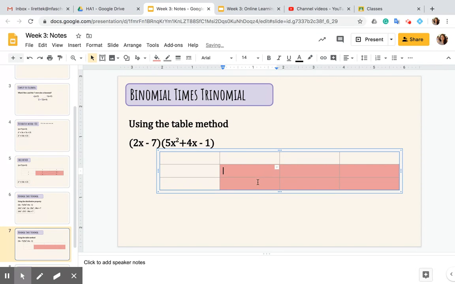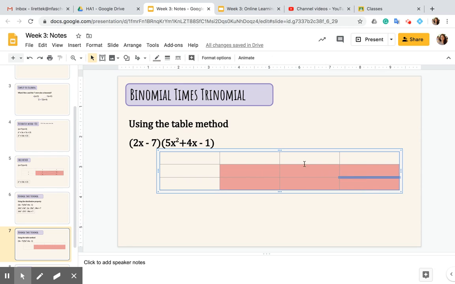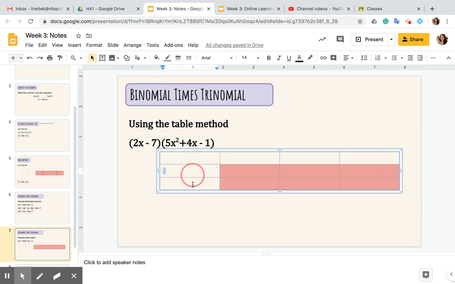That's where I'm going to put all of my products. And then on the outside, I'm going to put all of my terms for the trinomial up here, and I'm going to put all of my terms for my binomial right here. And as usual, this little square right here, we just ignore it.